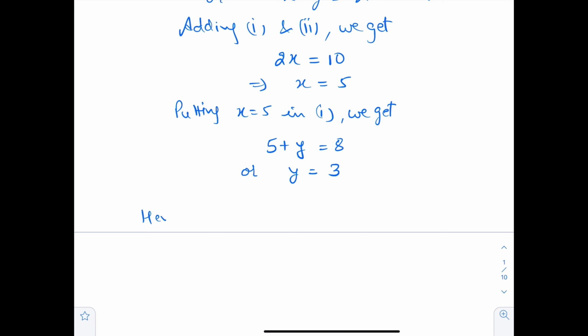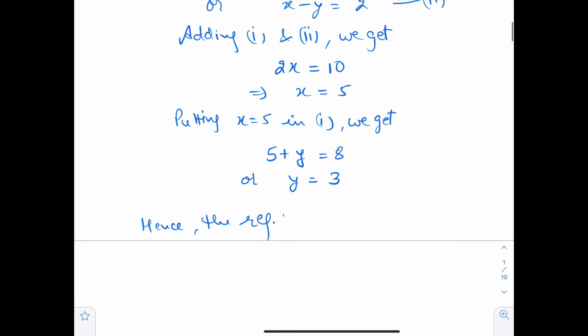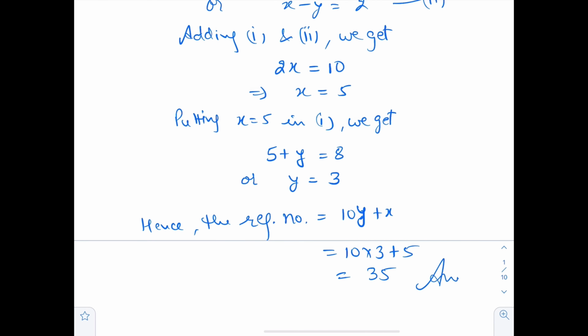Hence, the required number equal to 10y plus x equal to 10 into 3 plus 5 equal to 35. So our answer is 35.